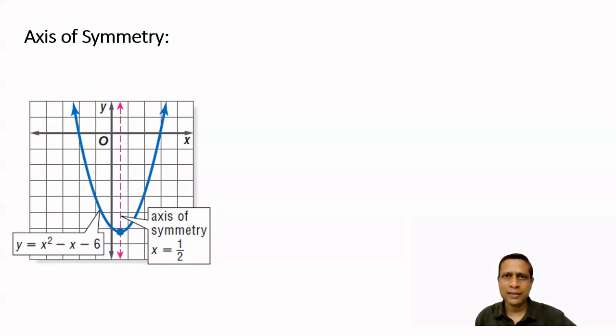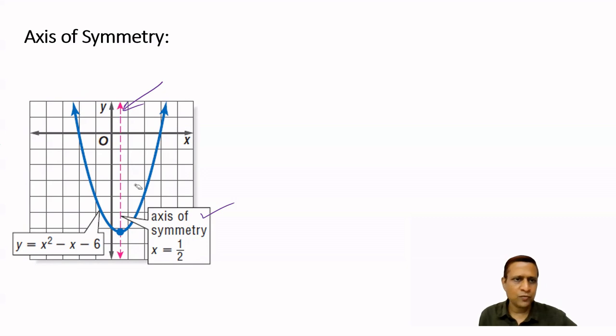And that vertical line is known as axis of symmetry. For example, this is the graph of a quadratic function and that is symmetric about this line. So this line is known as axis of symmetry.